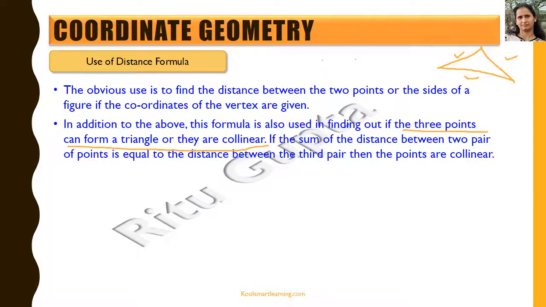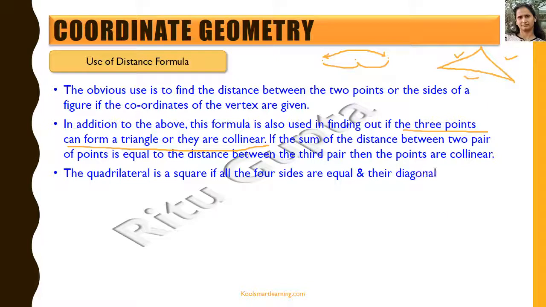The points can be collinear only if the distance between these 2 points plus the distance between these 2 points is equal to the distance between these 2 points. Otherwise, the points cannot be collinear, because for a triangle, the sum of any 2 sides has to be greater than the third side. So this distance formula can help us find out if the 3 points given to us are collinear or not.